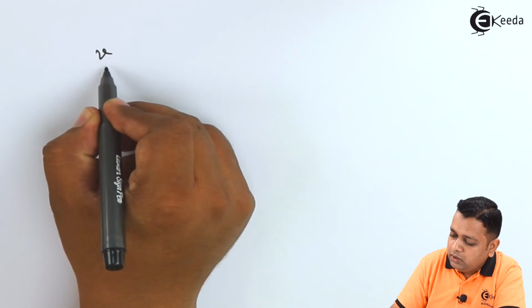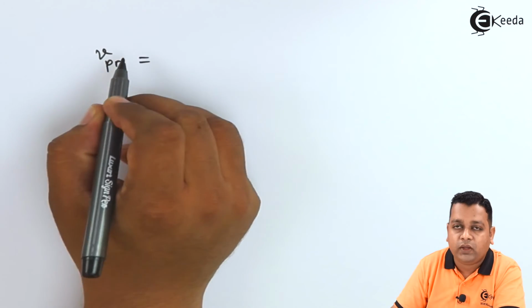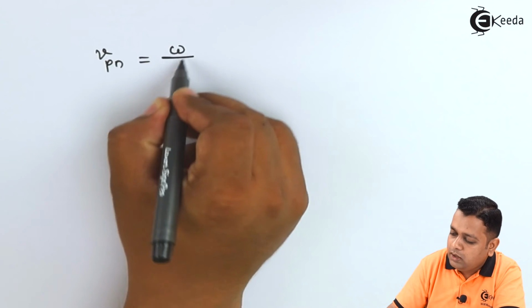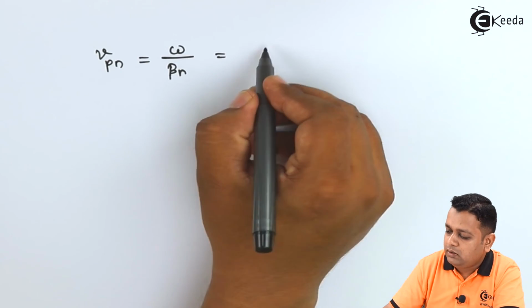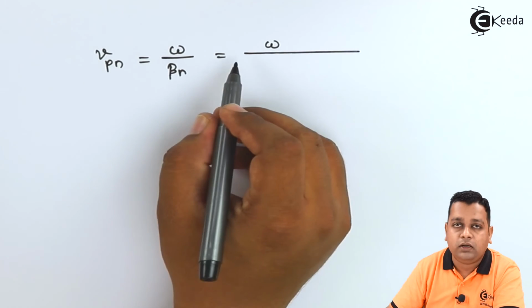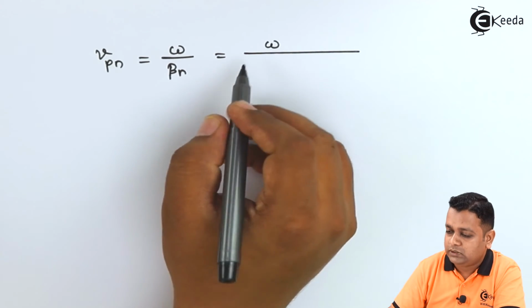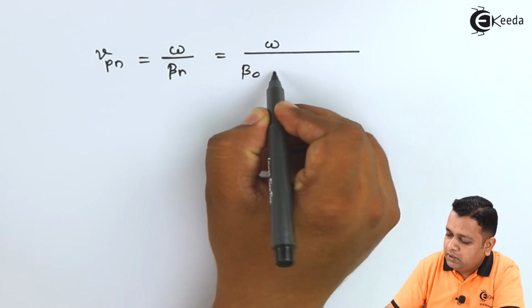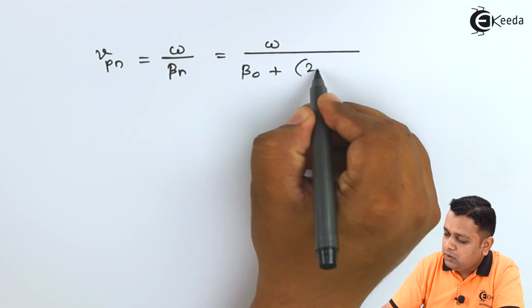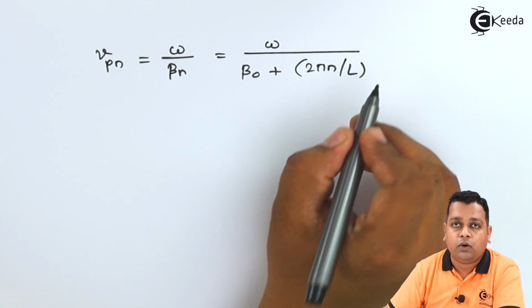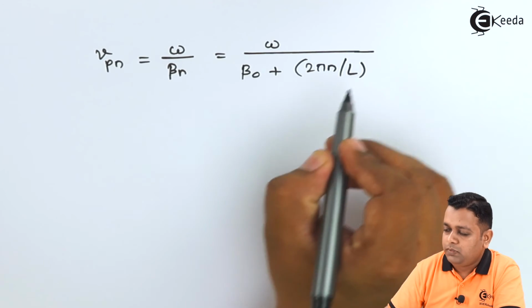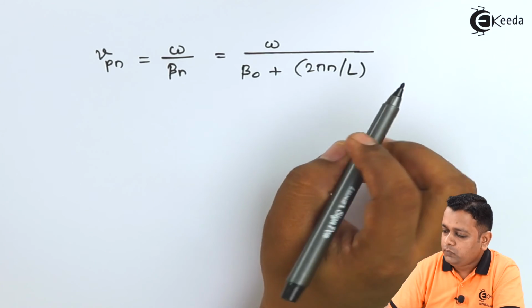Here we have v suffix pn, and it will be given by omega divided by beta suffix n, and therefore omega divided by the earlier formula of beta suffix n. So we write beta suffix 0 added with 2 pi n divided by capital L, the period of the helix or the periodic structure.